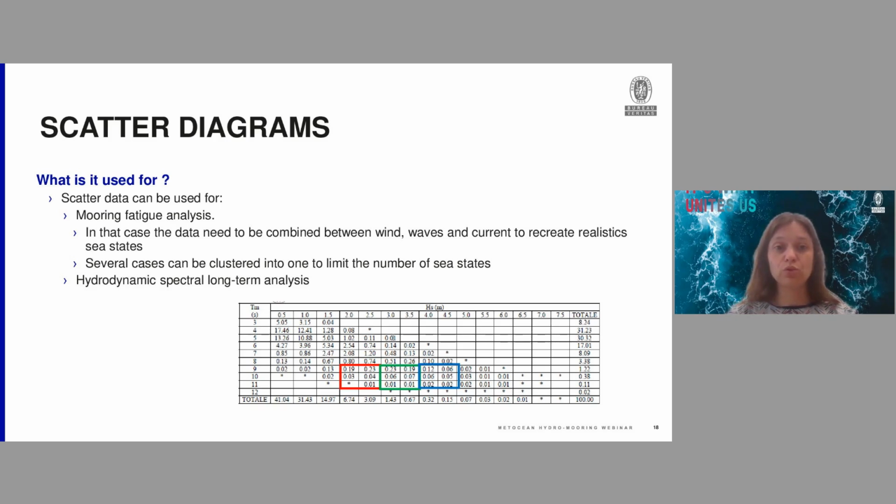So we will have to combine these scatter diagrams to recreate realistic sea states. Same as for the in-cast data, it is possible to cluster some sea states to limit the number of computations. So we can use this data for mooring fatigue or for hydrodynamic analysis.